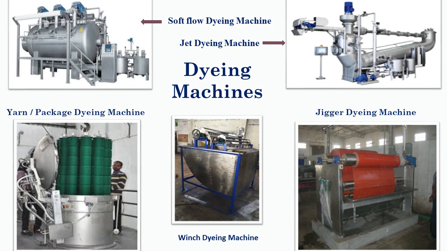The speciality of the jigger is that once you load one grey batch of the fabric, you can carry out desizing, scouring, bleaching and dyeing in the same machine. You just need to drain the bath and you can carry out the entire process for one batch in the same machine. You need not take out the batch again and again.